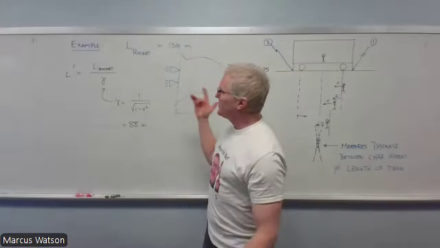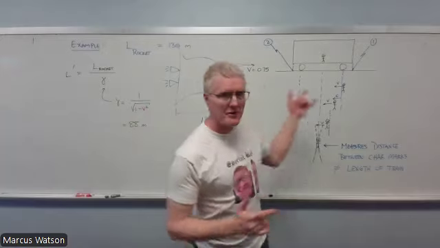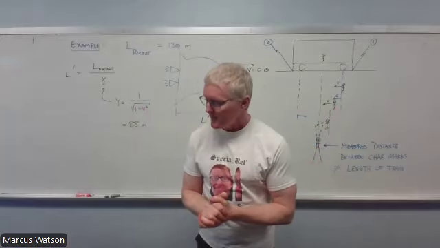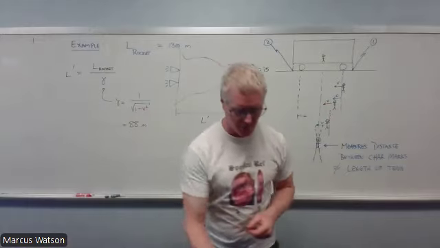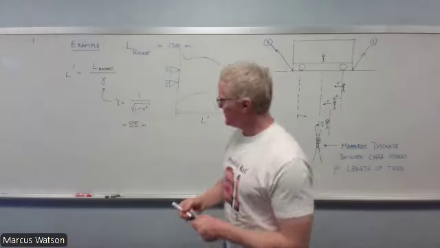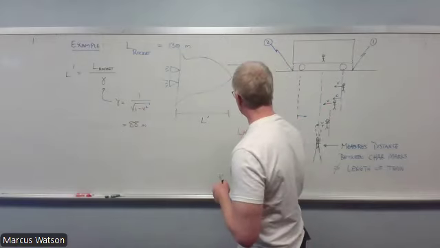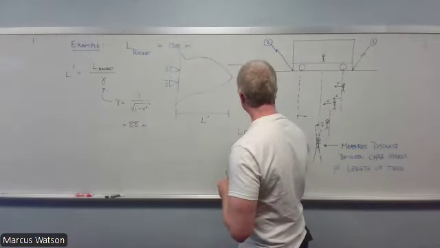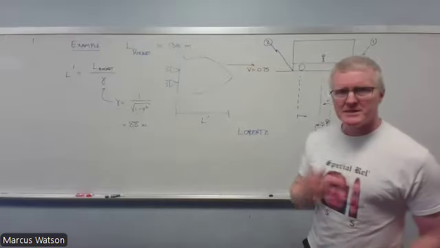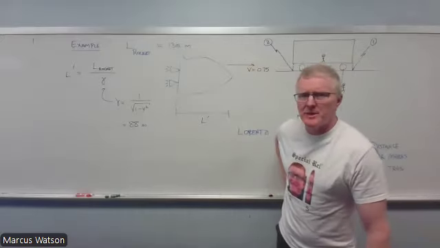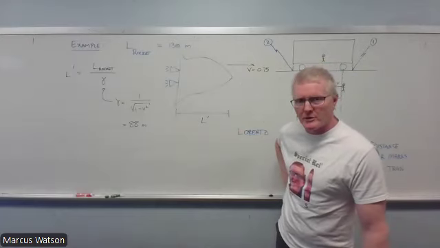I wanted to give a little bit of historical perspective to the length contraction argument. It is also known as Lorentz contraction. And Lorentz, if you have studied any physics history before, Hendrik H.A. Lorentz was a forerunner of Einstein's.